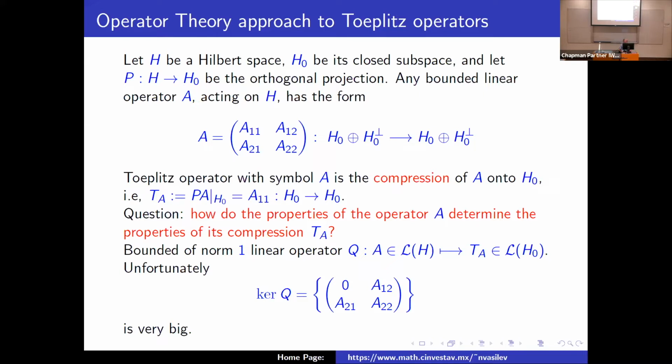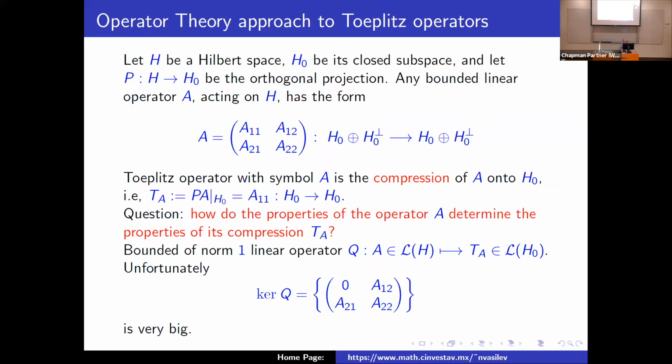We have a Hilbert space H. Then we have H naught, a closed subspace. And then we have an orthogonal projection P from H to H naught. Then we take any bounded linear operator A acting on the big space, so it can be represented as a 2 by 2 matrix in the direct sum decomposition H naught plus its orthogonal complement.